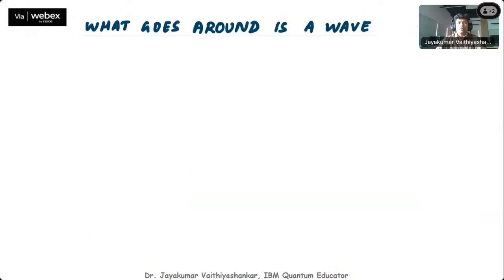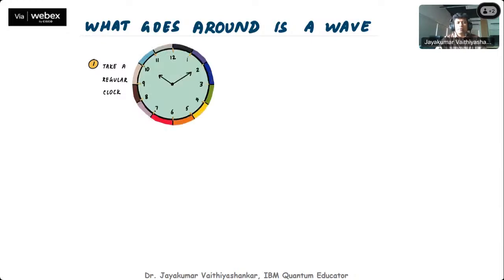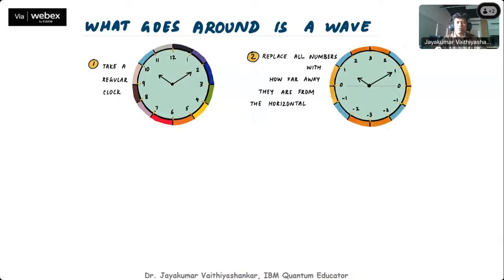If you want to depict the entire qubit motion with a clock, take an example. This is a clock. Replace all the numbers with how far away they are from the horizontal axis. What could be the horizontal axis? 9 to 3. So draw a line.